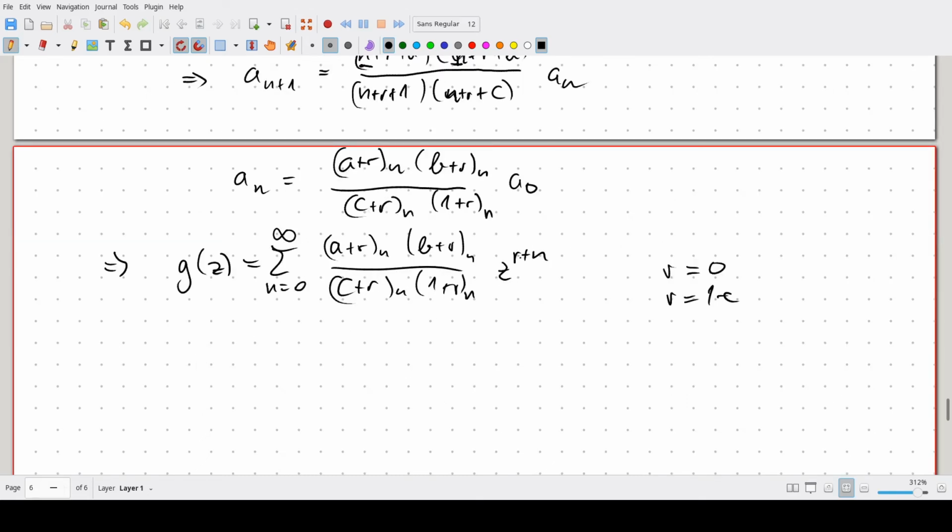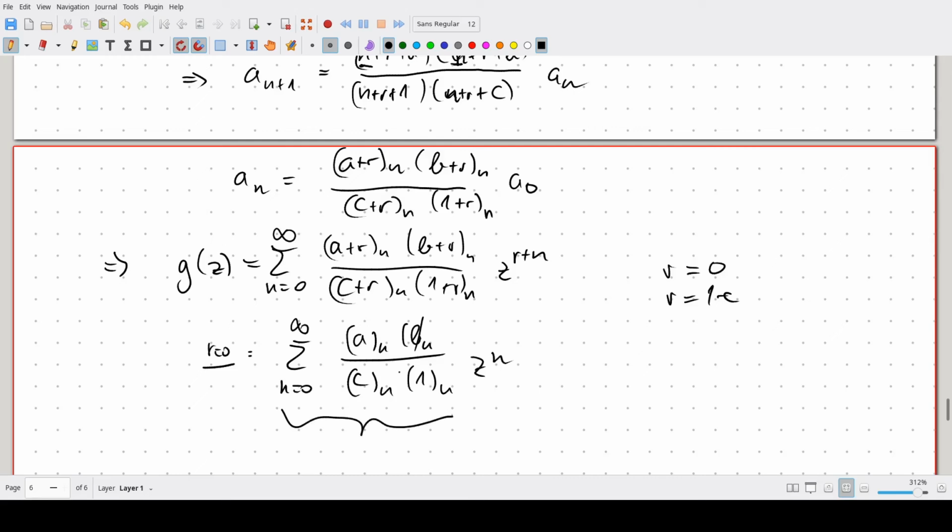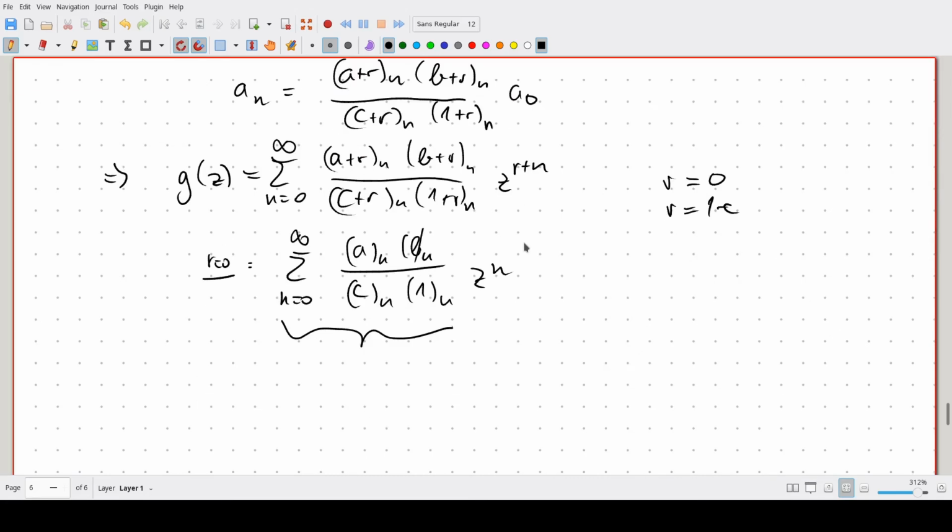Now let's look at the case of r equals 0. For r equals 0 we have (a) n, (b) n, over (c) n, (1) n, z to the n, and because this function comes up a lot, it has a special name, namely 2F1 of a, b, and c evaluated at z.